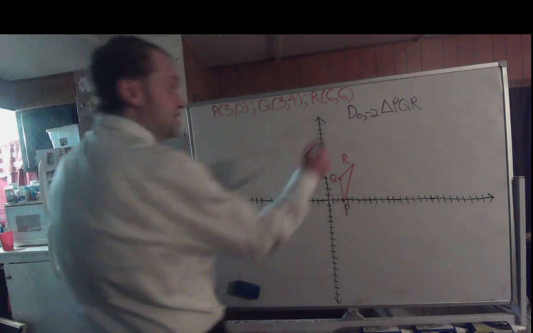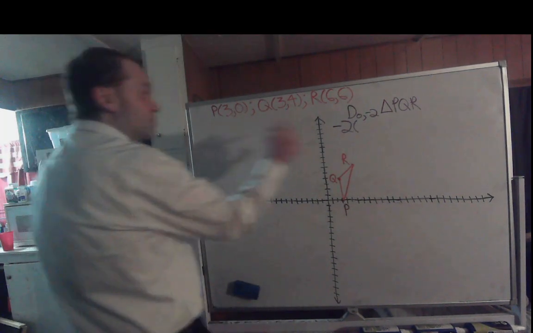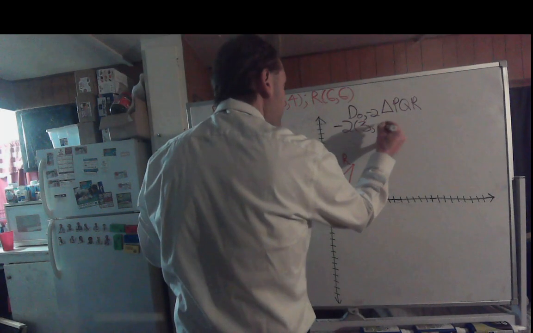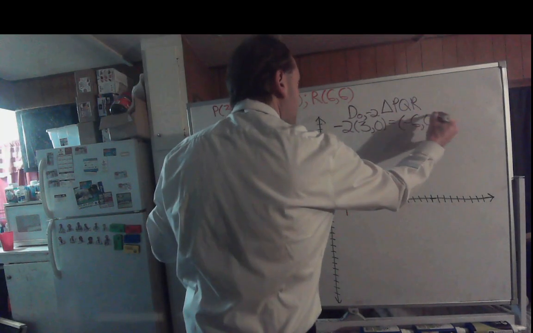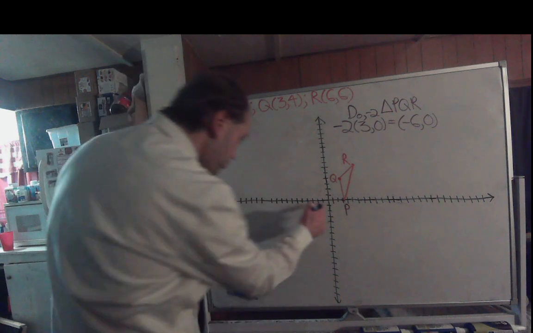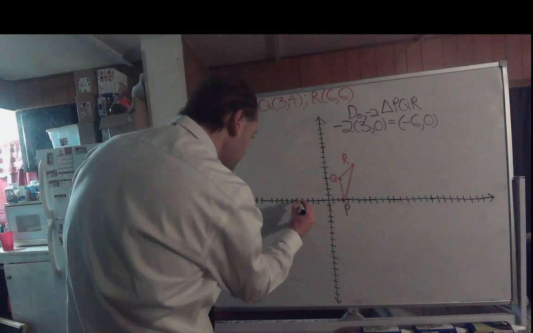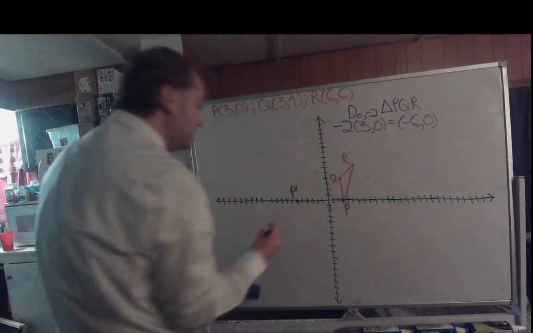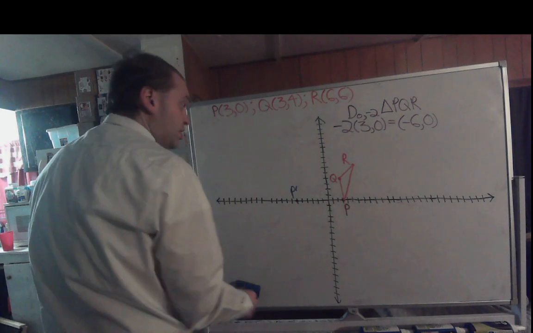So now let's just take -2 times each of your coordinates. Coordinate of P is 3, 0, which would give you -6, 0 for your coordinate for P prime. So P prime is at -6, 0 right here. There's P prime. Let's find the coordinate of Q prime.